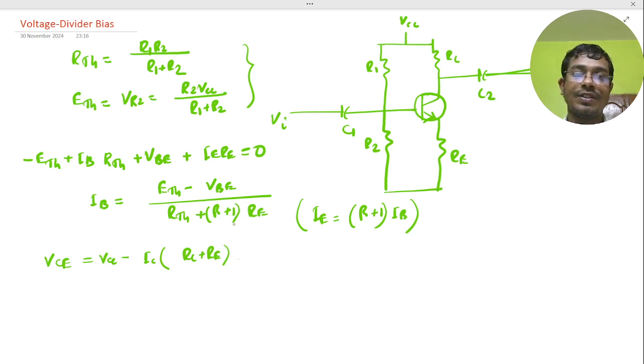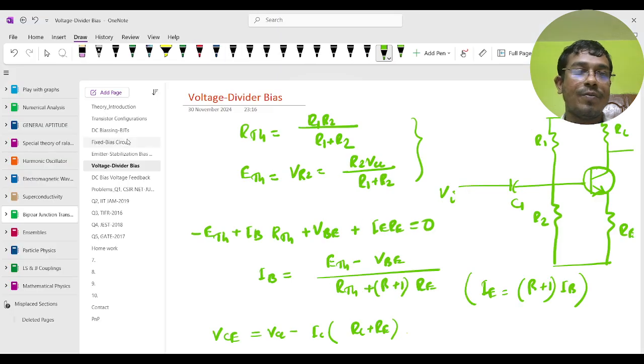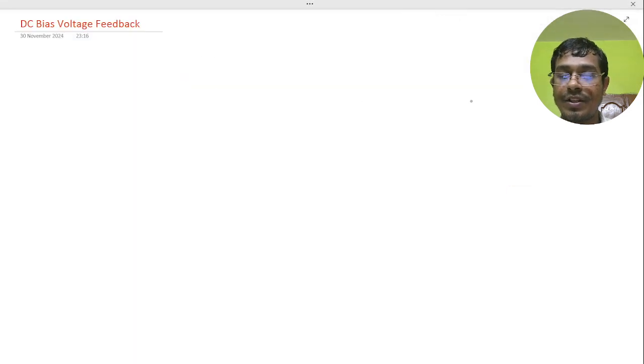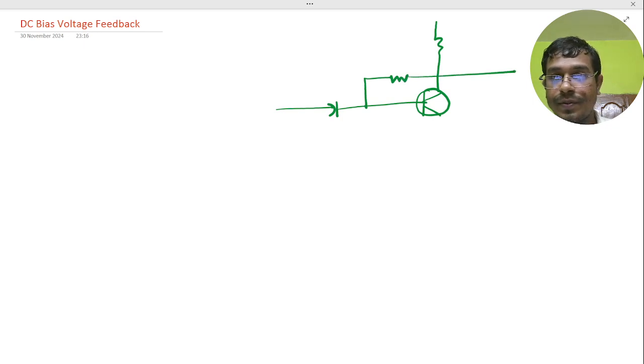And the last topic here is voltage feedback, basically the DC bias with voltage feedback. The circuit has the transistor, and another part which is a resistance, and the feedback goes from the output back to the base, so it is called bias feedback.